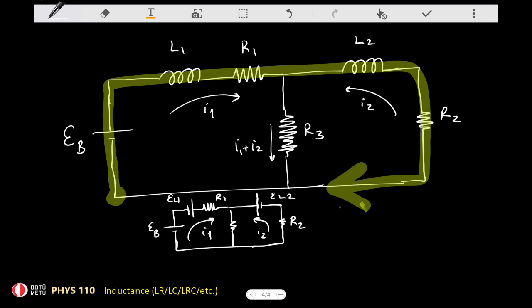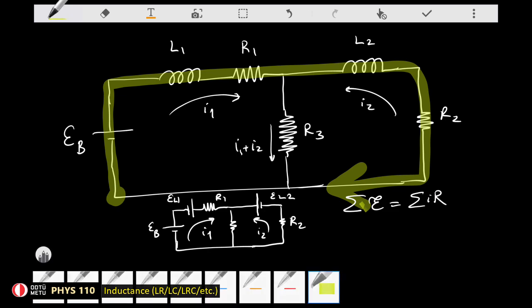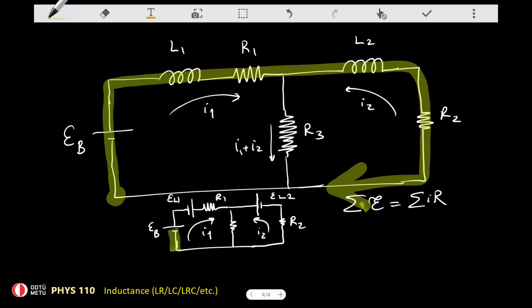All right. So what I'm going to do is, when I'm going around the loop, I'm going to write down the sum of the EMFs and sum of the current times the resistance values. So let's start with the EMFs. Let me show it with a highlighter. Again, I'm starting from that point and going around and coming to that point, and I'll just end up at the starting point, obviously.